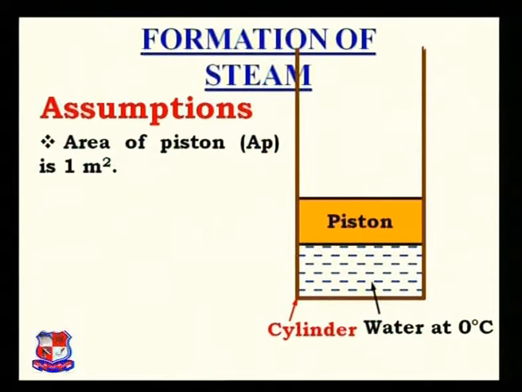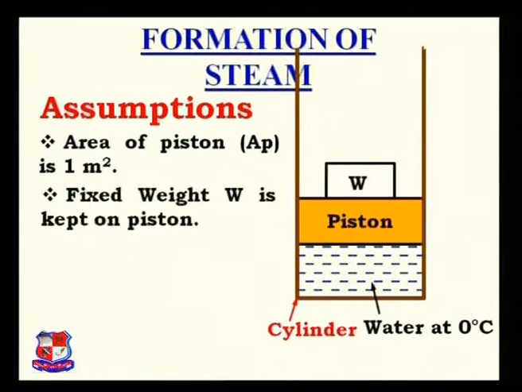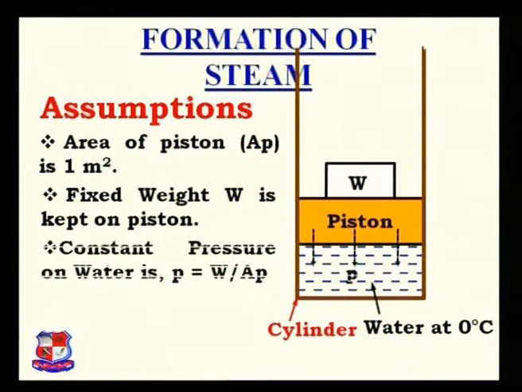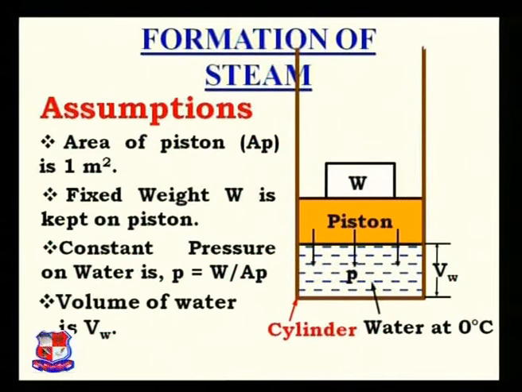A fixed weight W is kept on the piston, and due to the weight, a constant pressure acts on the water, which equals P = W divided by the area of the piston, and the volume of water is VW.